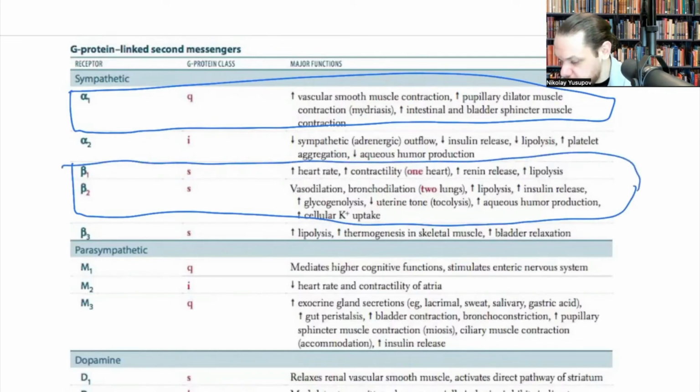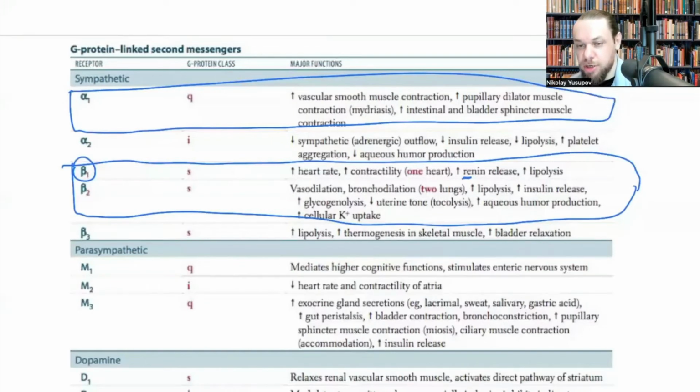Why beta 1 shows up here is renin release, because I said in the kidneys you also have beta 1 receptors. When the sympathetic stimulation in the setting of shock works on beta 1 in the kidneys, it's also going to increase renin release. Renin is also going to be increased when you have low flow states.